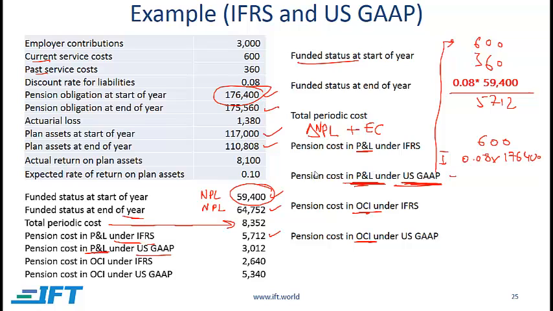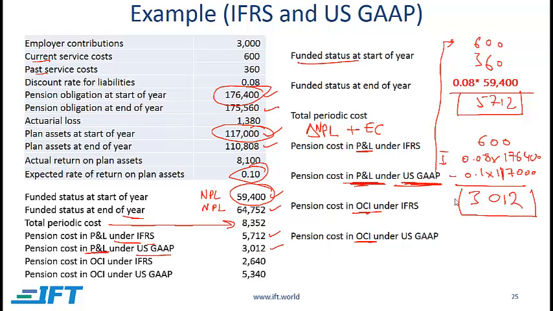So we are going to subtract 10%, which is 0.1 times the plan assets at the start of the year. The plan assets at the start of the year equal 117,000. This plus this minus this should give us 3,012. So this is an expense. Notice that here the pension expense shown in the P&L is higher under IFRS than it is under US GAAP.